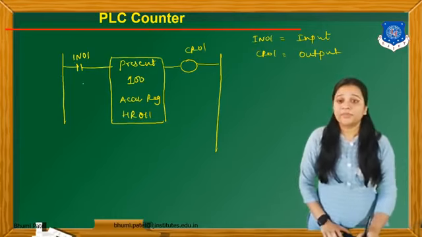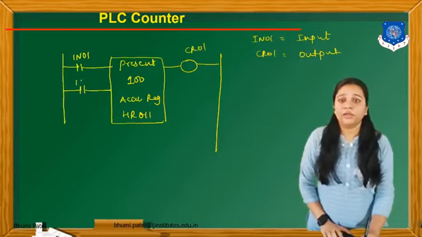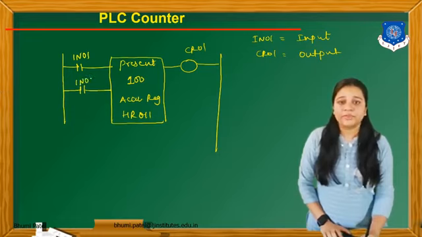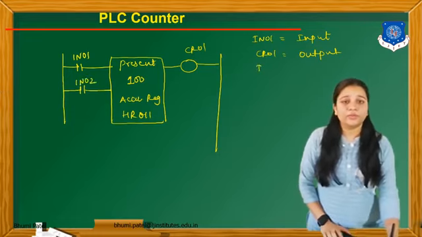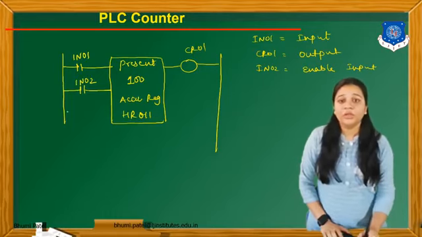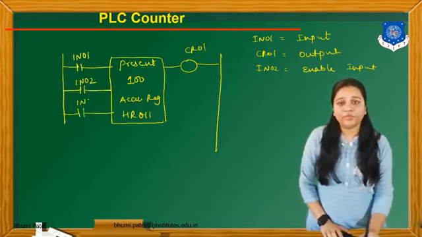Now, the next condition for the counter: we take one enable pin. Suppose the pin name of enable is IN02. So IN02 is my enable input. The third input for the PLC counter is IN03.